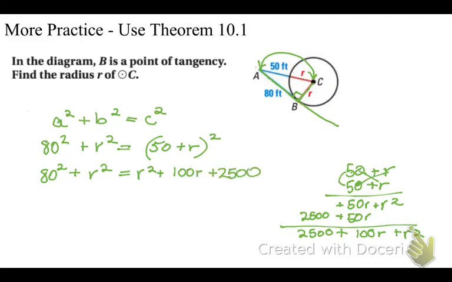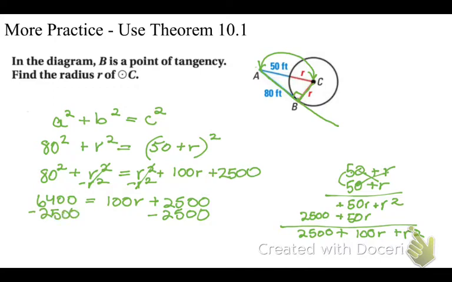Okay, so now we need to collect our like terms. So first thing we notice is that there's an R squared on both sides, so we can subtract R squared from both sides and they go away. Okay, so now we have 80 squared, which is actually 6,400, is equal to 100R plus 2,500. We subtract 2,500 from both sides.